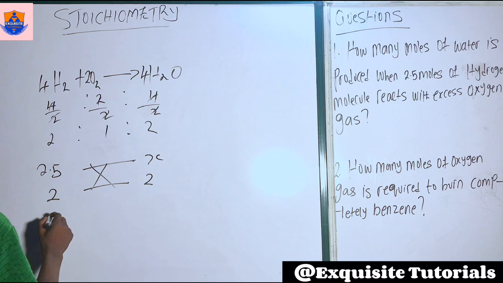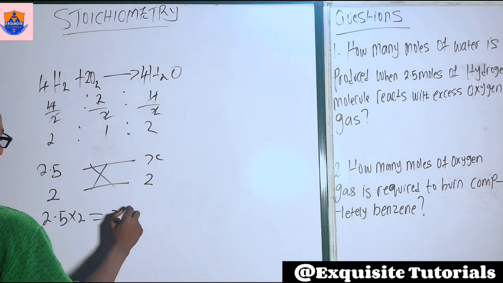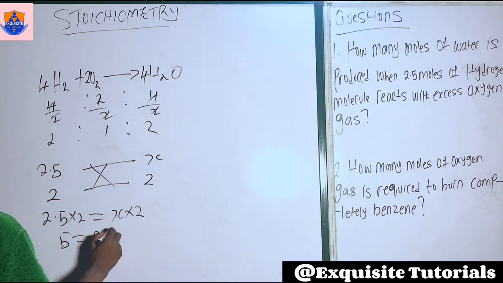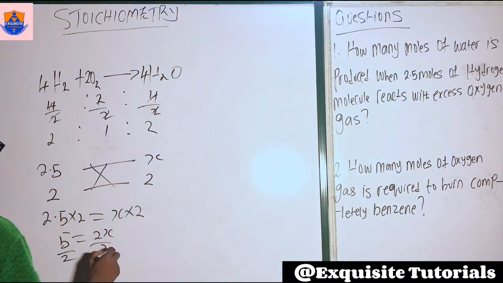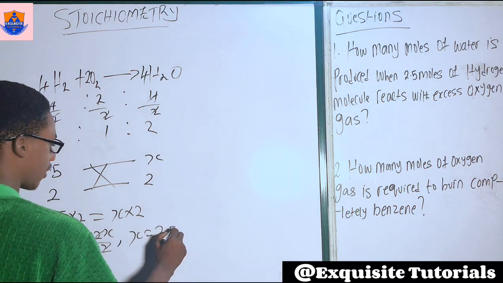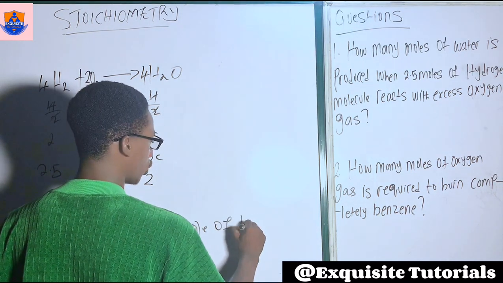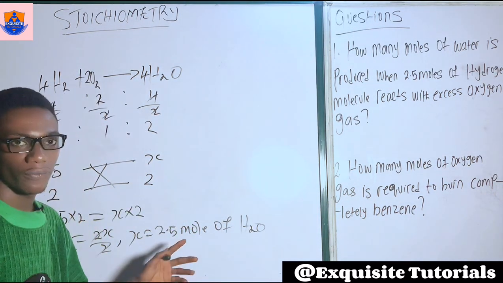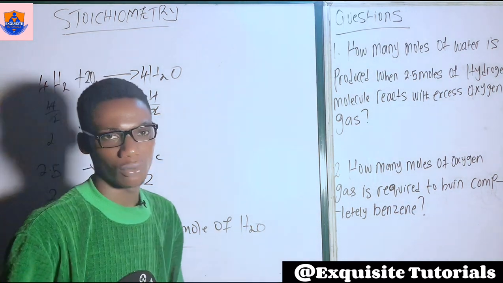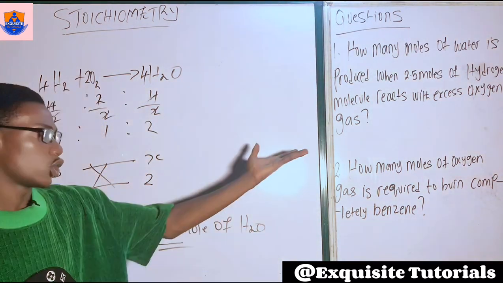We have 2.5 times 2 is equal to x times 2. So we have 5 is equal to 2x. So divide both sides by 2 to make x the subject of the formula. So our x will be equal to 2.5 mole of H2O. Now 2.5 mole of water is produced, as the question says. Now that is the answer to question 1.